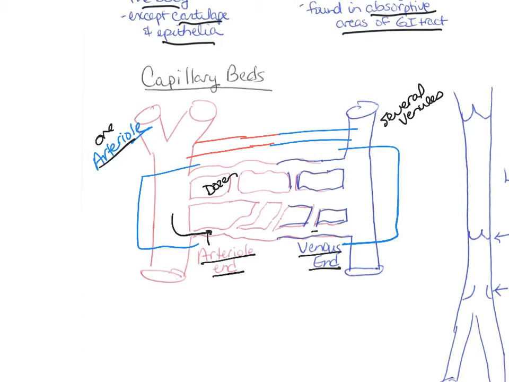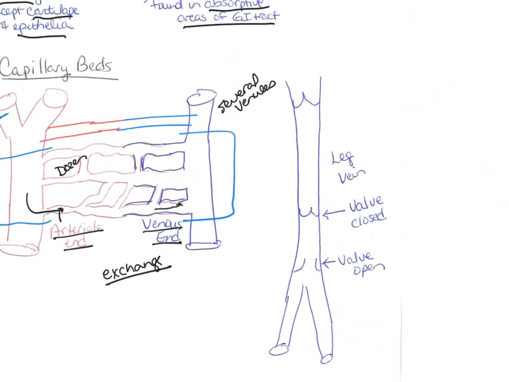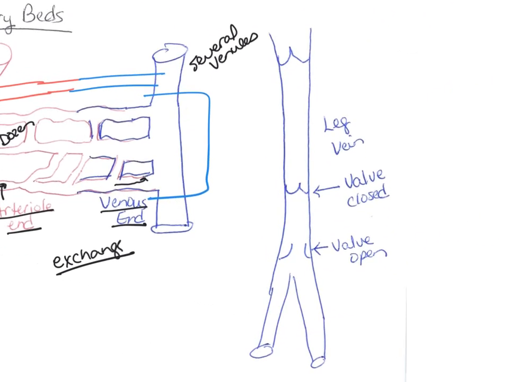And by this time, the pressure is much less at the venous end. And this really comes into play when we talk about the exchange that occurs in capillaries. We're also going to take a look at valves, because veins have valves in medium-sized veins. So these valves are in medium-sized veins.